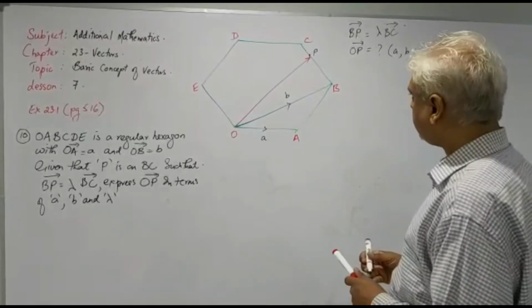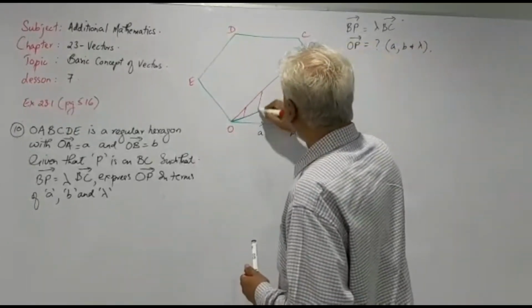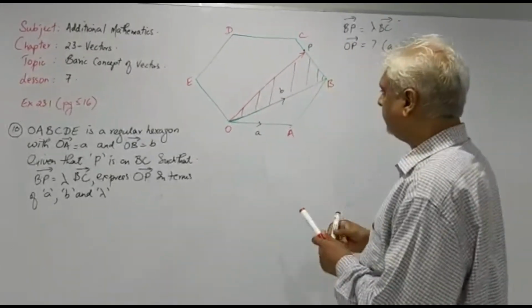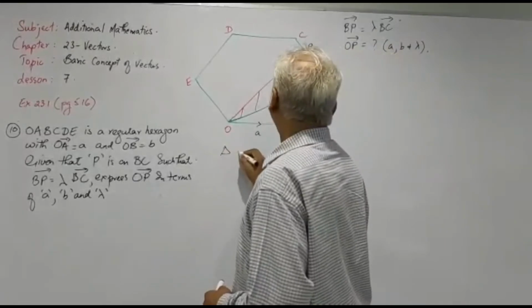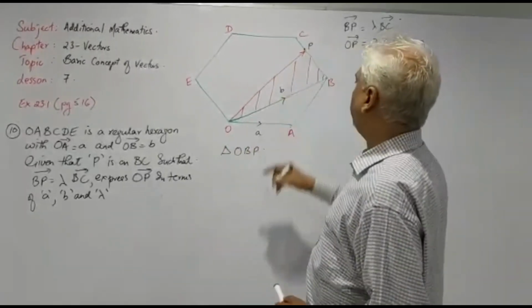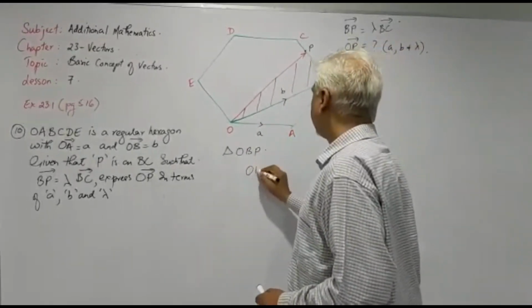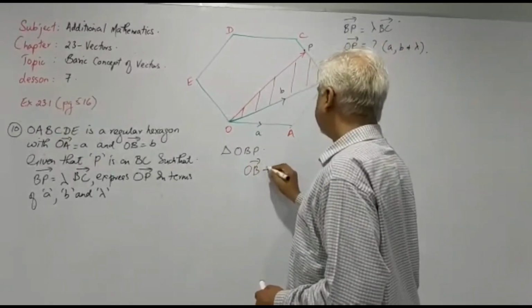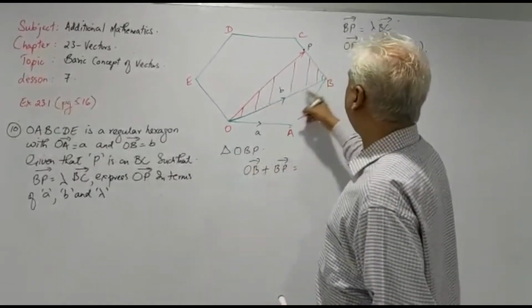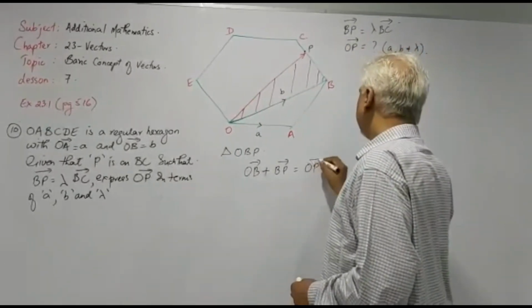Now, let's consider this triangle that we have over here. So, in triangle OBP, we have OB plus BP equals to OP.